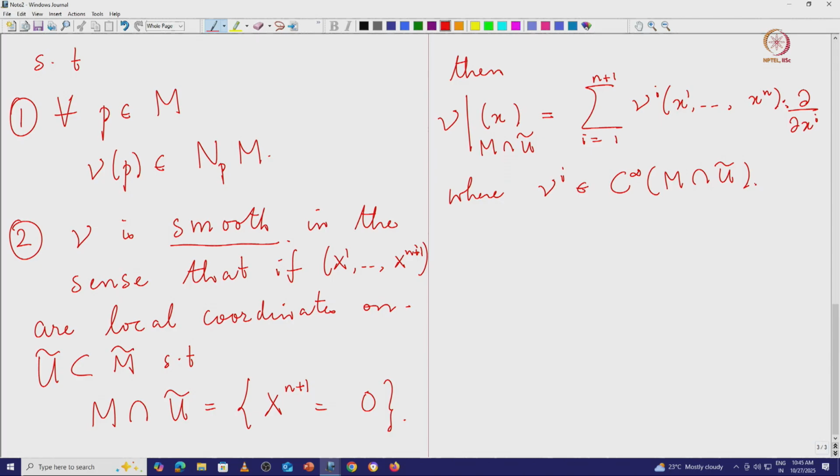So it is a smooth function in the first n coordinates, and then I will denote by N of M the space of all normal fields.